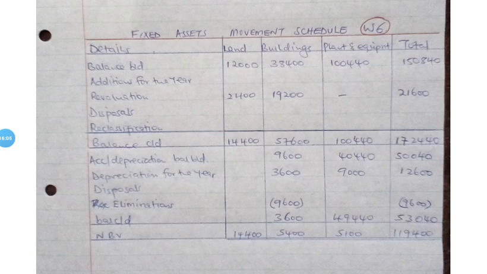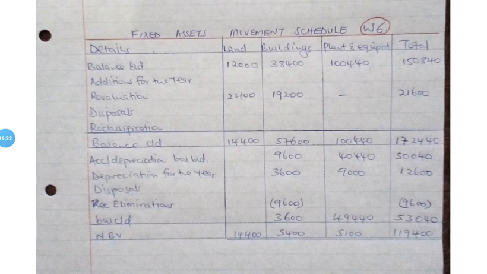I am drawing your attention to an asset called buildings. Remember, buildings had accumulated depreciation of 9,600 before revaluation.